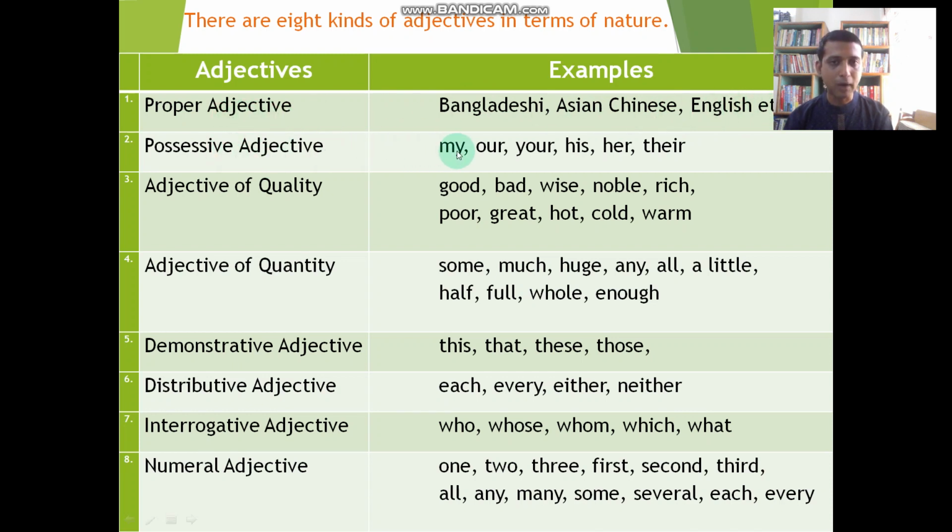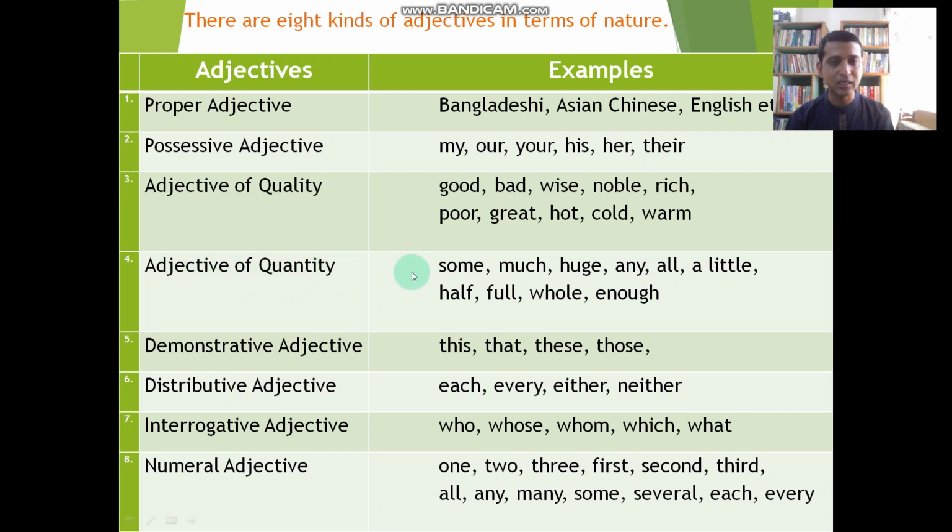Possessive adjective: my, our, your, his, her, their are the examples of the possessive adjective. Adjective of quality: good, bad, wise, novel, rich, poor, great, hot, cold, warm. These are the examples of the adjective of quality.